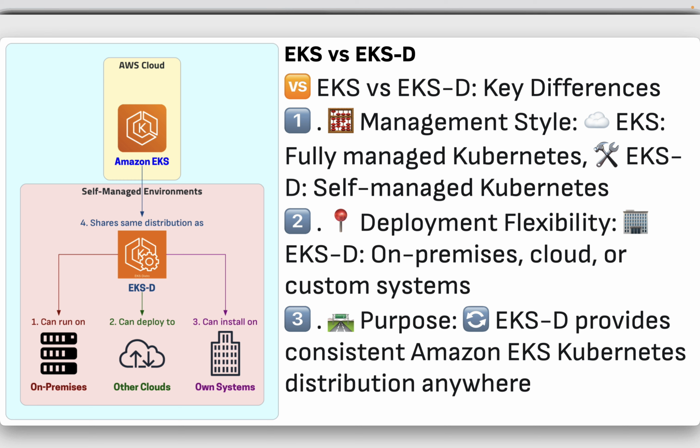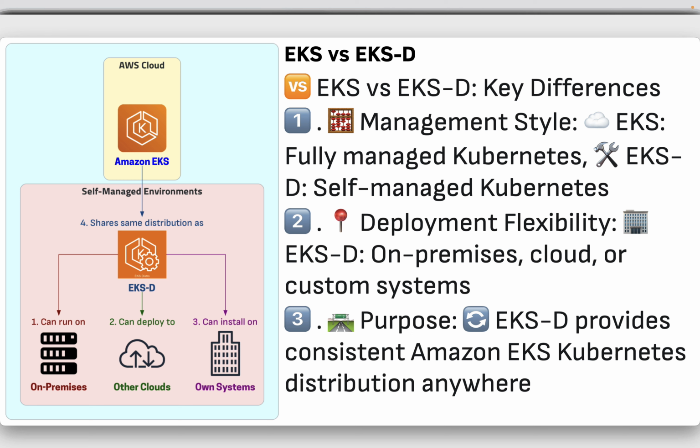So what is the difference between EKS, which is the AWS Kubernetes cloud service, and the EKS Distro? The main difference is in how they are managed. EKS is a fully managed Kubernetes platform, while EKS Distro is available to install and manage yourself. You can run EKSD on premises, in a cloud, or on your own systems.